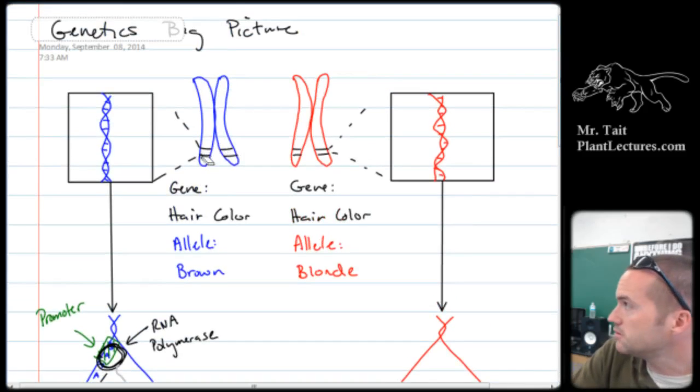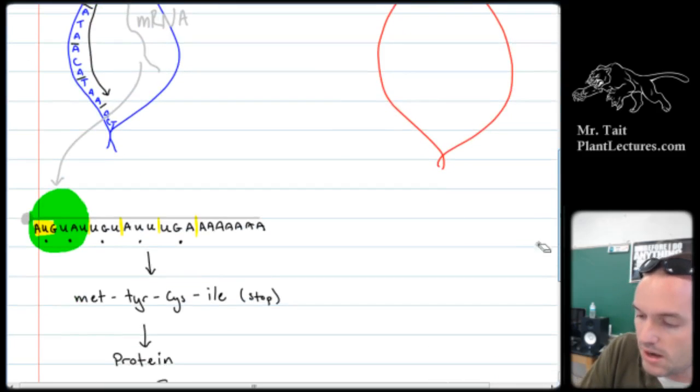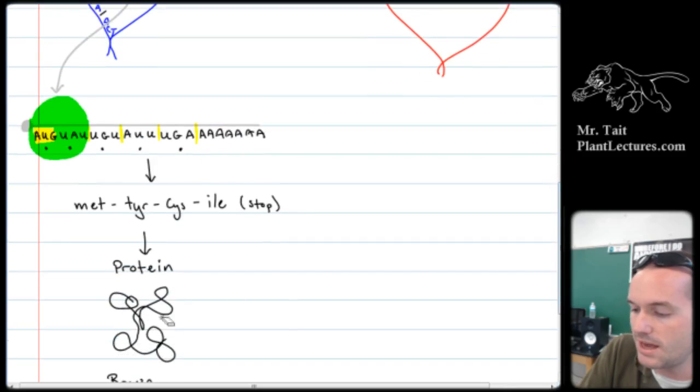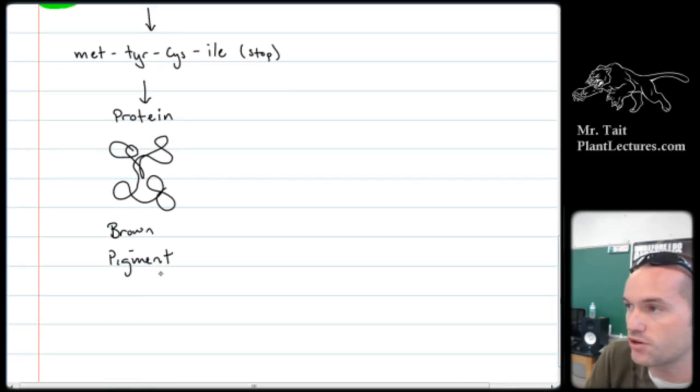There was an allele on this chromosome that corresponded to brown hair. The reason why it corresponded to brown hair is because this allele was a sequence of DNA. That DNA got transcribed into mRNA. That mRNA got translated into a protein, and that protein then was the pigment that made the hair brown in the first place. Right? Make sense?